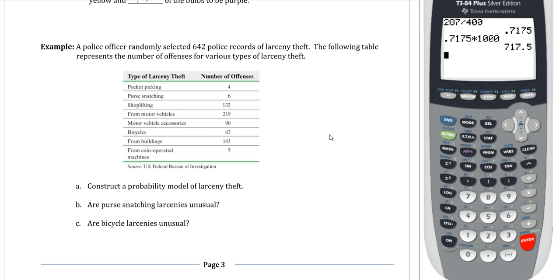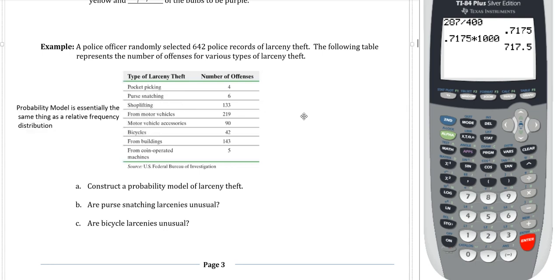So a probability model, I'll even type it over here. A probability model is essentially the same thing as a relative frequency distribution.